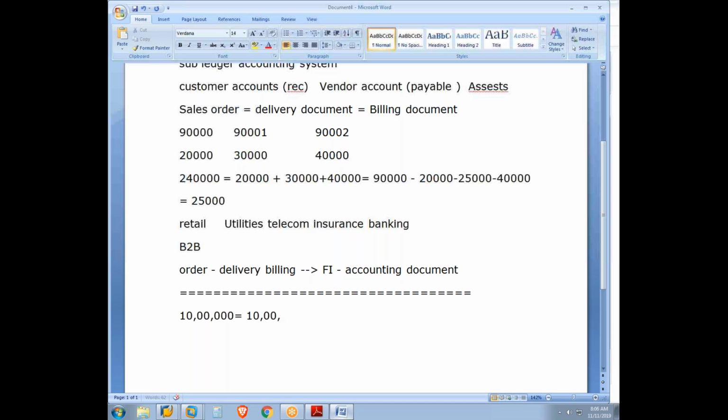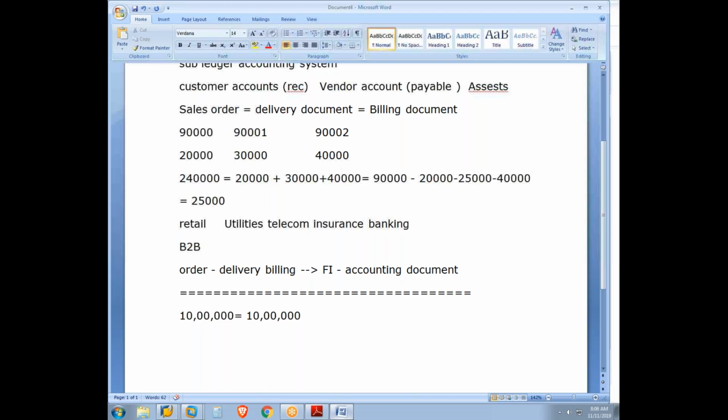And just like in SD you have price and discount, there you also have charge amounts. Let us say each invoice has 3 accounts. That means you are posting 10 lakh invoices directly into financial accounting, and each invoice has 3 accounts. That means basically 3 into 10, 30 lakh accounts you are posting in a day.